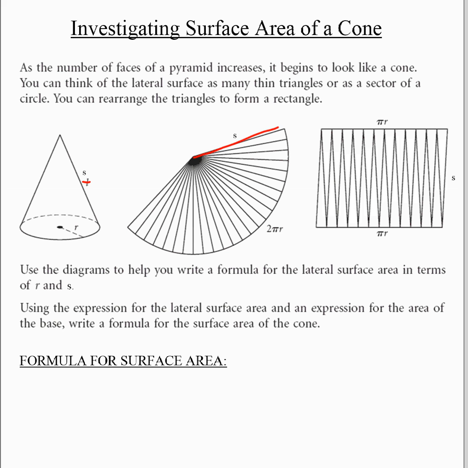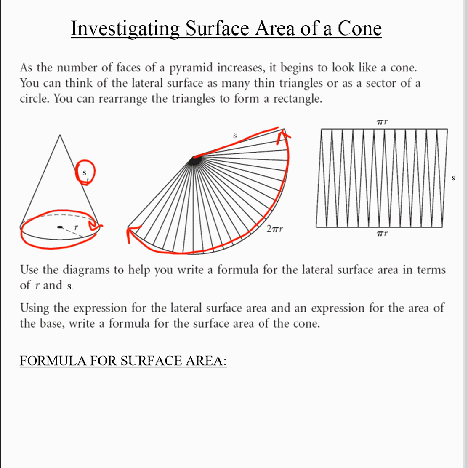This represents that right there. Then the distance here, remember how I just said that it is the same as the circumference of this bottom circle? Well, the circumference of the bottom circle is pi times diameter, or another way of saying that is 2 pi r. So that's why this is labeled 2 pi r.